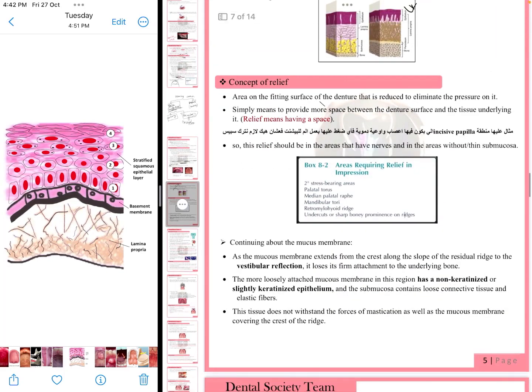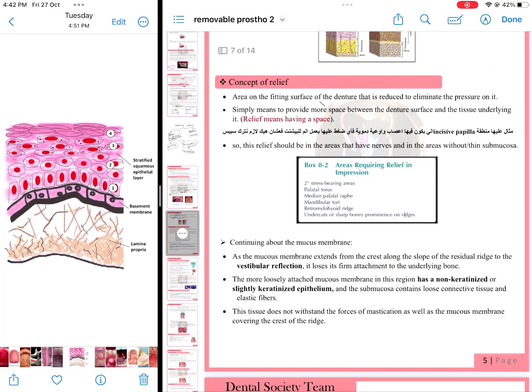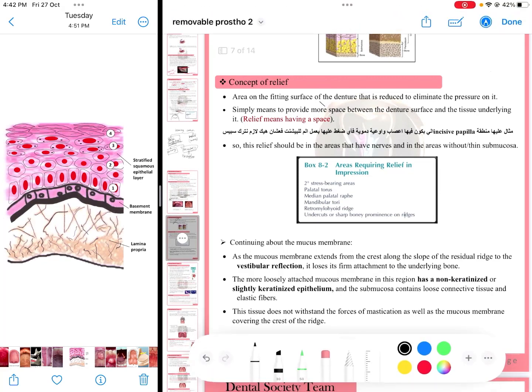Now, what's the concept of relief? The concept of relief is that the area on the fitting surface of the denture is reduced to eliminate the pressure on it. As we said, this is the mandible and this is the denture above it. Relief, from its name, means to relax, right? So I want to reduce the pressure on this spot.